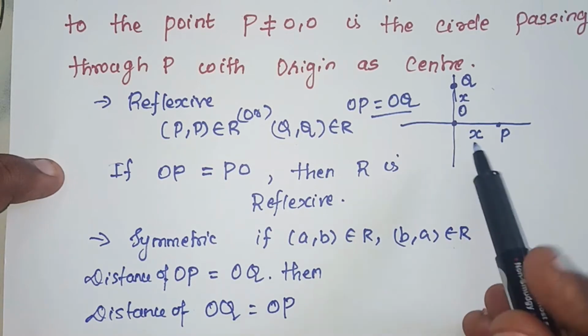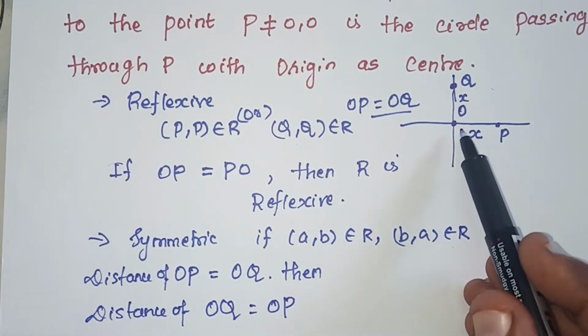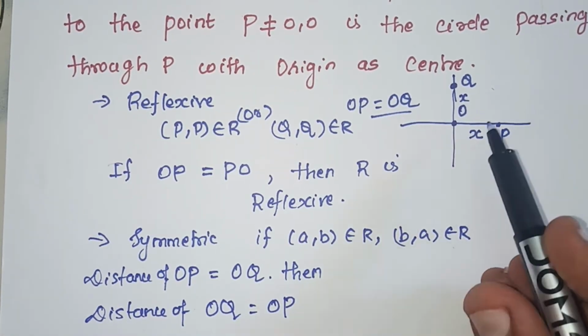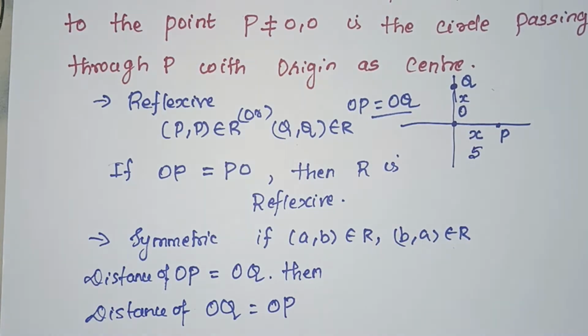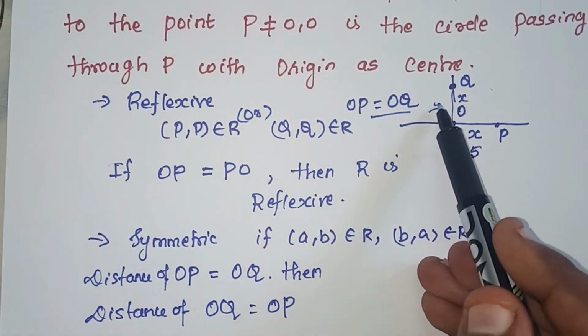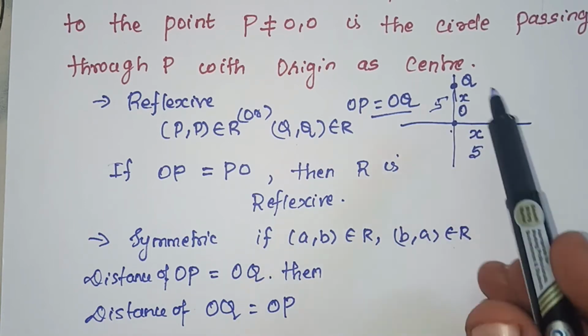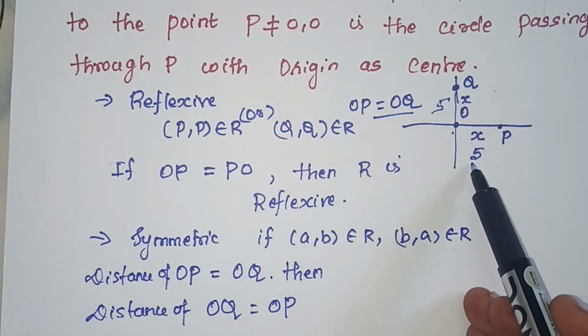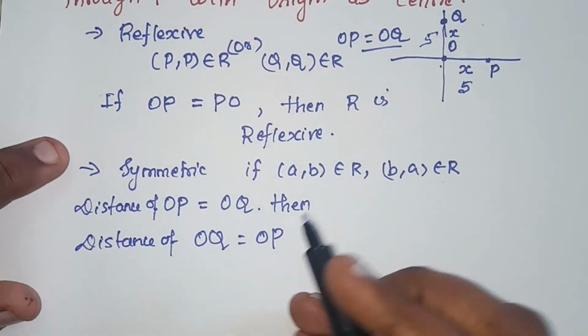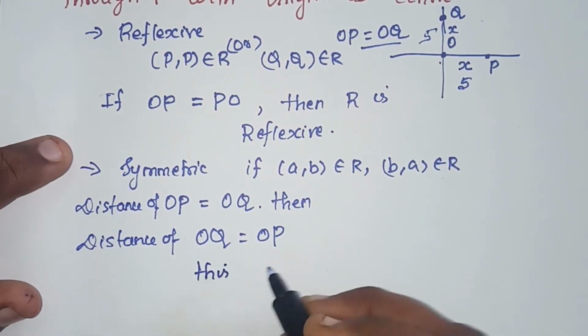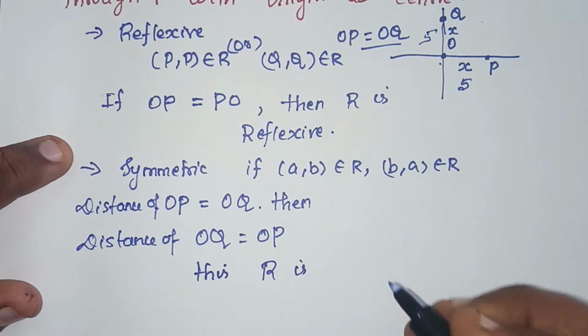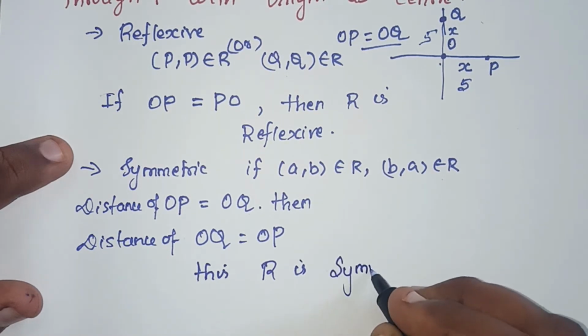If the distance from the origin to the point P is, say, 5, then this is also 5. So OP is equal to OQ, then OQ is also equal to OP. So this relation is symmetric.